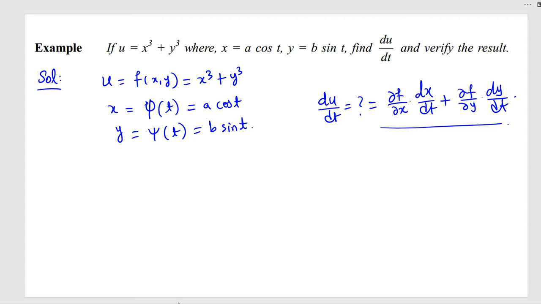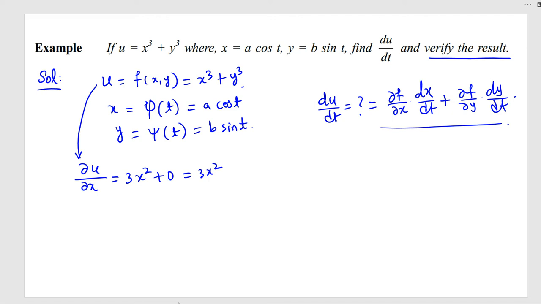Let us try to find it out, and also verify the result, whether the result is actually true or not. So what we have to do? First we need to find out del u del x. If we differentiate with respect to x, then what will happen? y is constant, so it becomes 0. So 3x square plus 0, it is nothing but 3x square.